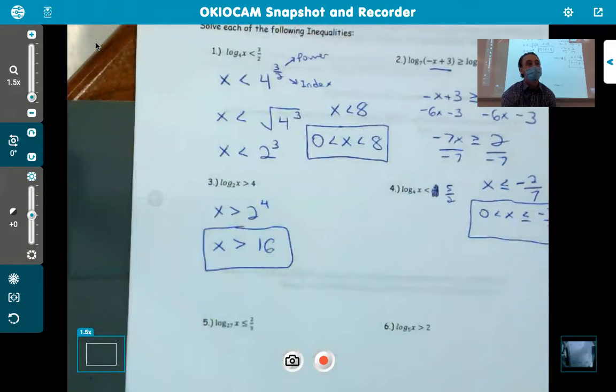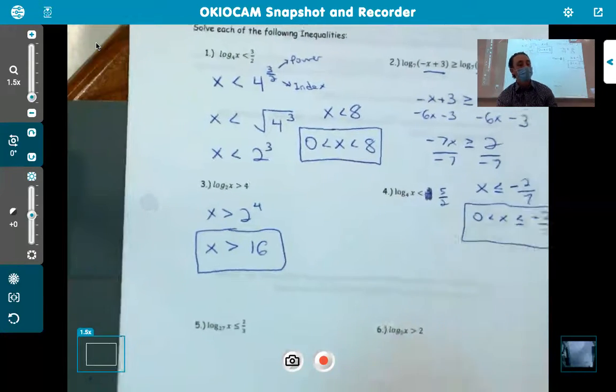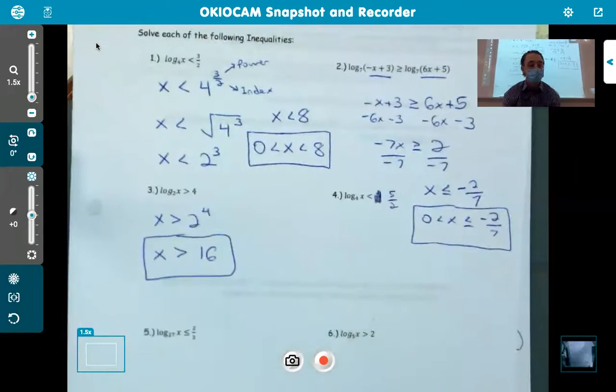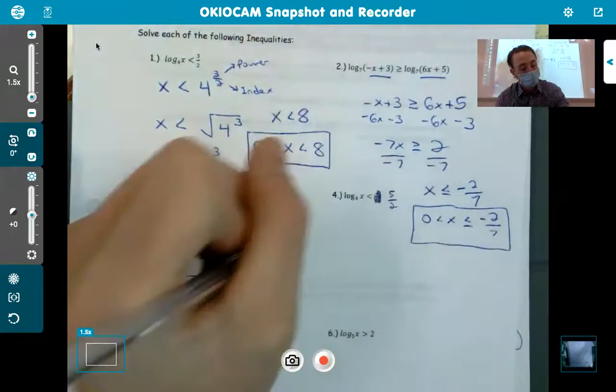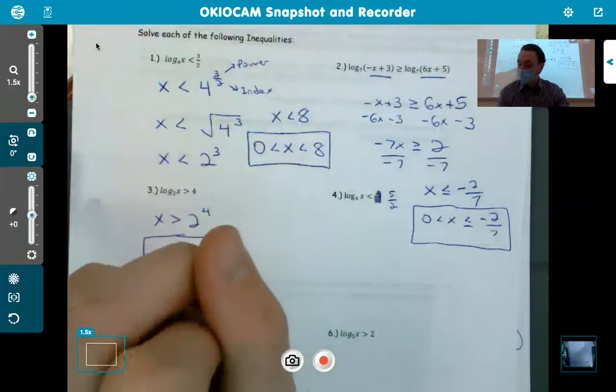All right. Everybody understand that? Number 4, same question. How would I rewrite this so it's in exponential form? So what is it?